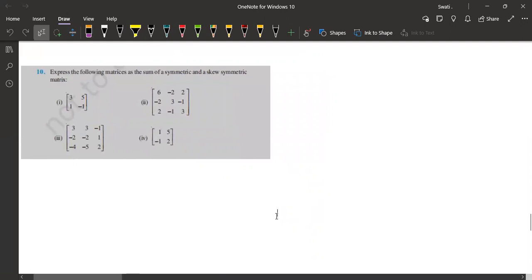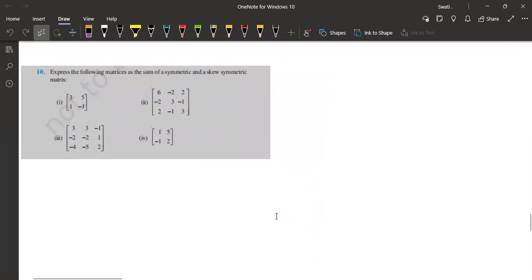Okay. So you can see here that we need to simply express the following matrices as the sum of a symmetric and a skew symmetric matrix, right? Now I want to tell you that there is a formula to write down a matrix as a sum of a symmetric and a skew symmetric matrix.